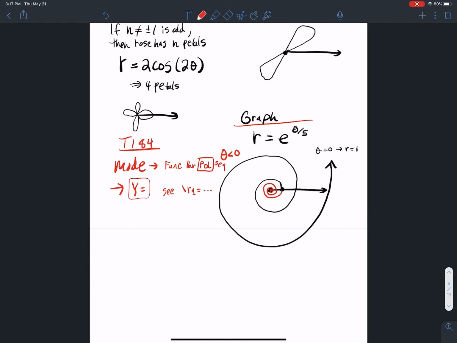Okay, so that's really all there is to this section here. Taking your table of fixed theta values and plugging it into your equation, and then plot the points. Okay.